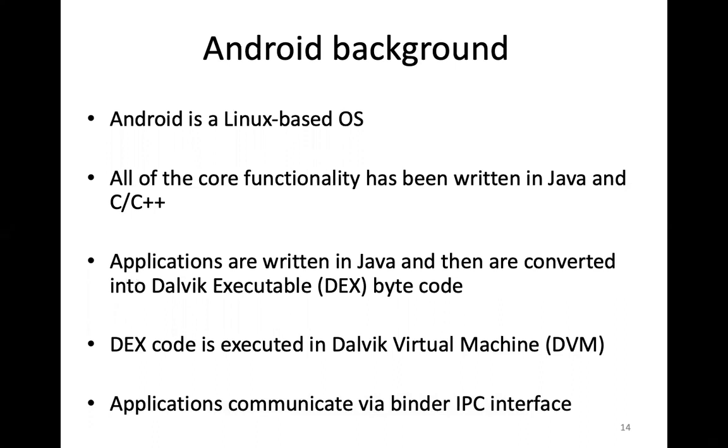Right? So the Dalvik executable or the DEX bytecode executes in a Dalvik virtual machine or DVM, and applications communicate with each other via the Binder IPC interface. Applications communicate with each other all the time. That's one of the big hallmarks of the Android ecosystem. So, for example, you might have an application where you want to locate a restaurant.